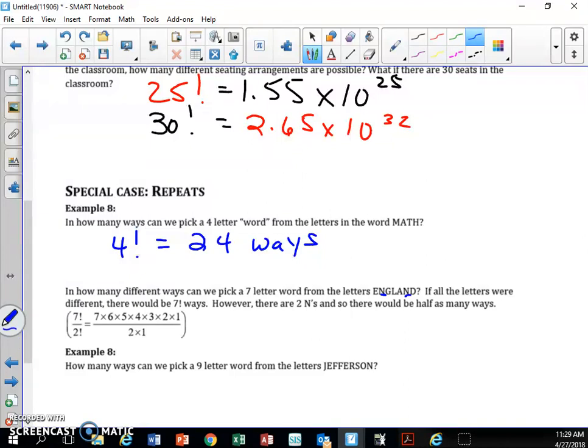So if there are letters that repeat, your numerator is however many letters there are, in this case being 7, so 7 factorial, with the repeat letters being 2, which gives us 7 factorial over 2 factorial.